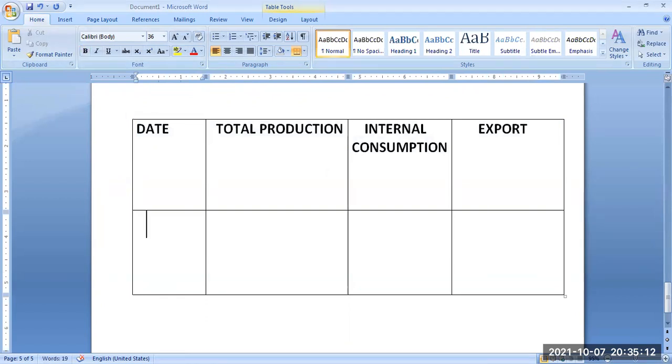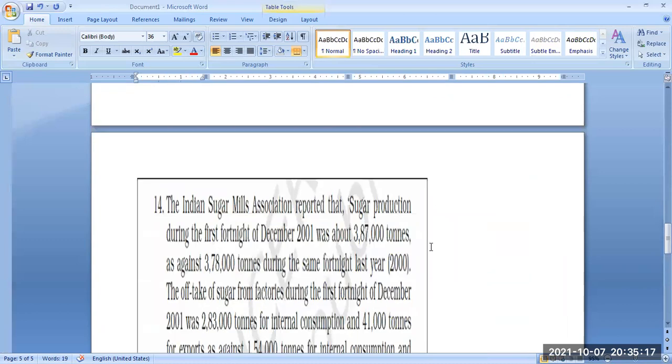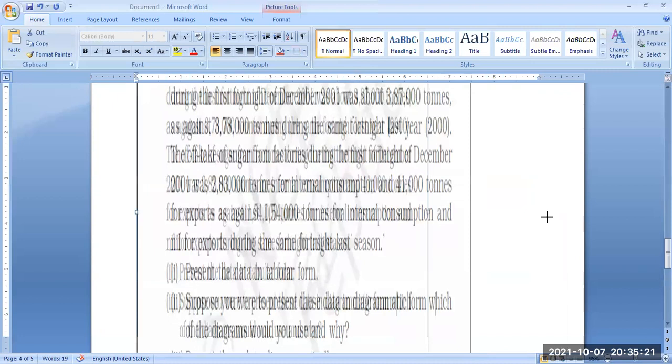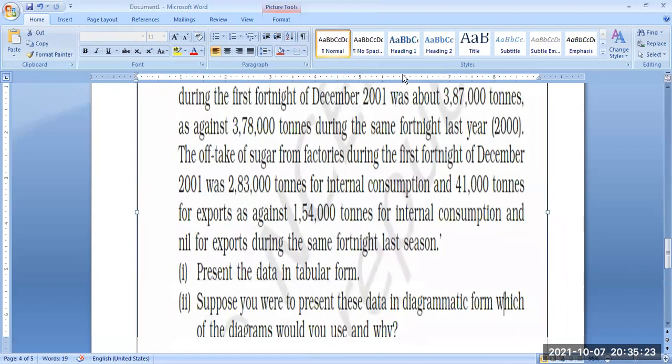First, date. They have given 2000 and 2001. So in the date column you mention December 2001, and in the next row you mention December 2000. Is it clear? Did you understand? Yes, sir.